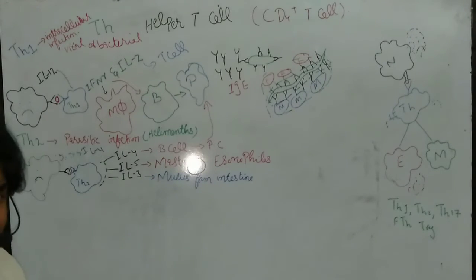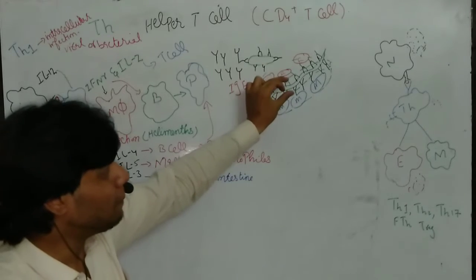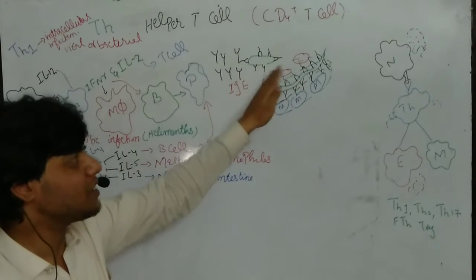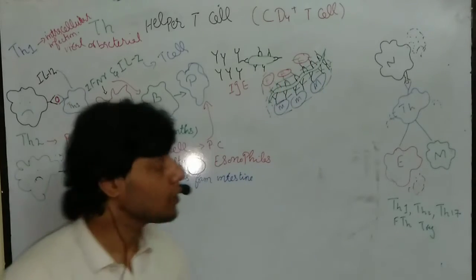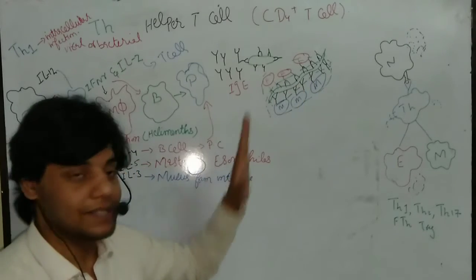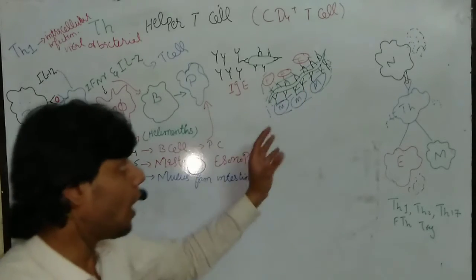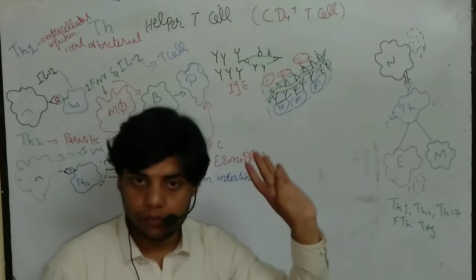Now let me explain a little bit what happened. First of all, a lot of IgE antibody bound and coated the parasite. Once the parasite is coated with IgE antibody, mast cells and eosinophils bind to the Fc portion of each antibody.